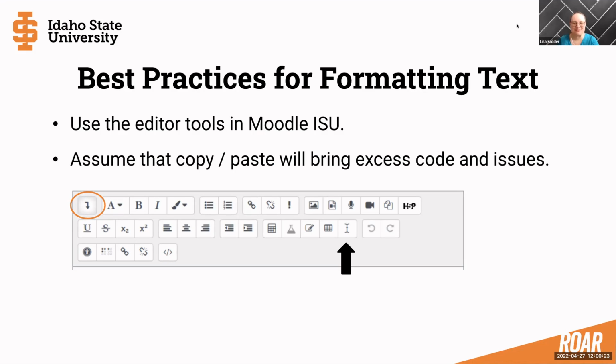If you expand the toolkit using the arrow here, there is a cleanup code icon right here, and it will clean up some of the excess code when you are copying and pasting. But generally, it's best practice to copy plain text and then use the formatting tools to reformat your text within Moodle to make sure that everything is clean.